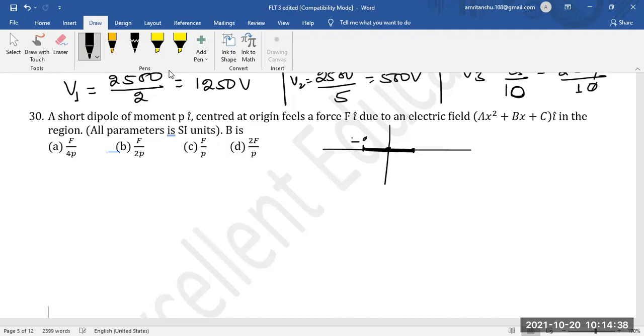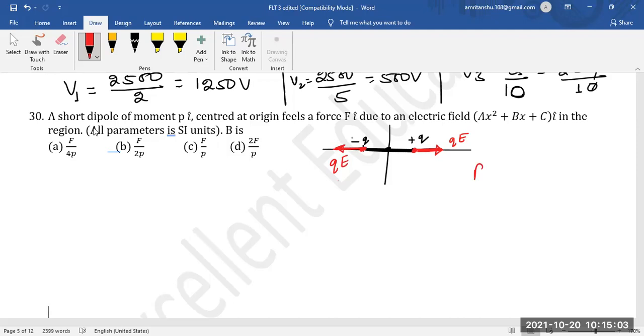This is minus Q, this is plus Q. And this is going to be QE here, and QE over here.